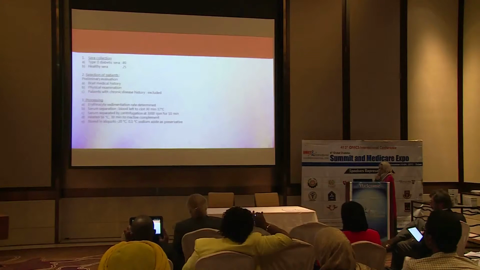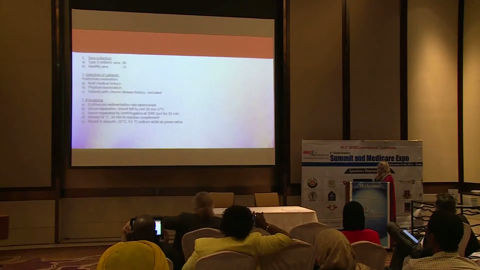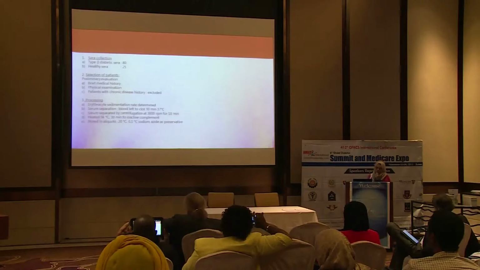The selection of patients is based on brief medical history and physical examination, and patients with other chronic diseases were excluded from the study. The blood was collected, followed by serum separation, and the sera were stored in aliquots at minus 20 degrees C using 0.1% sodium azide as preservative.